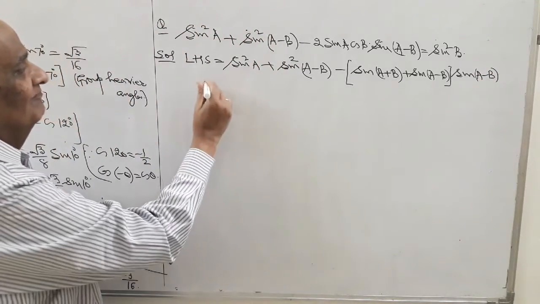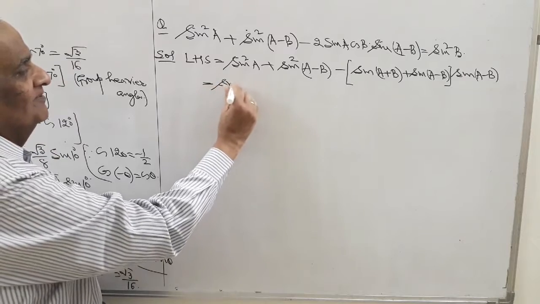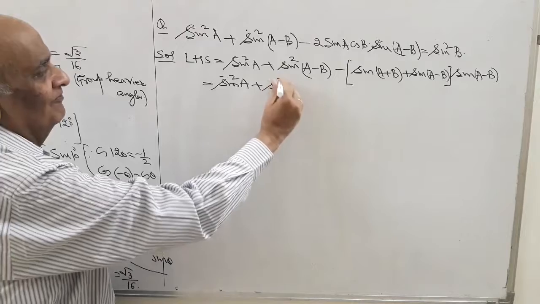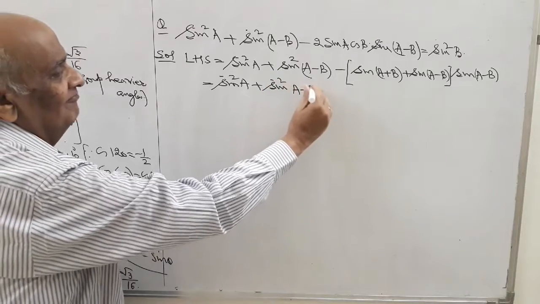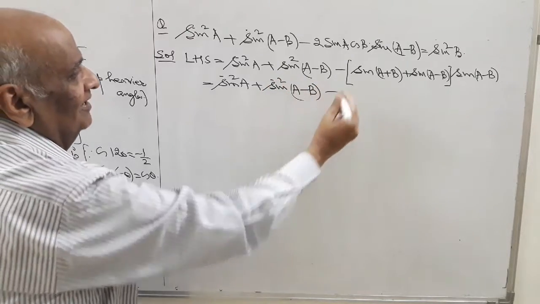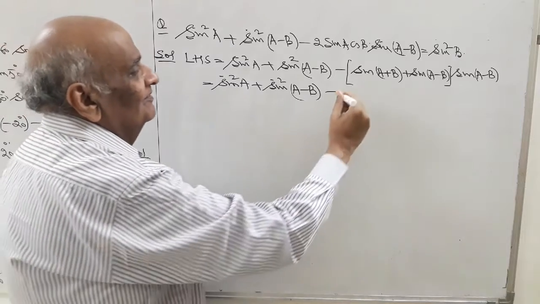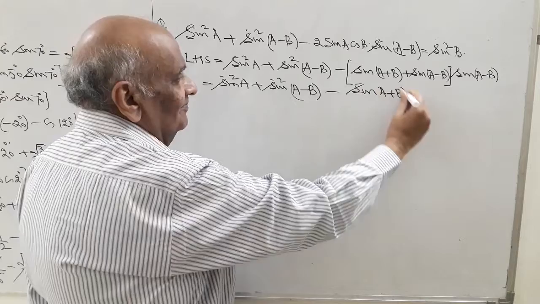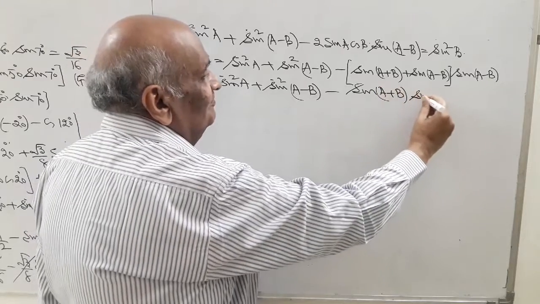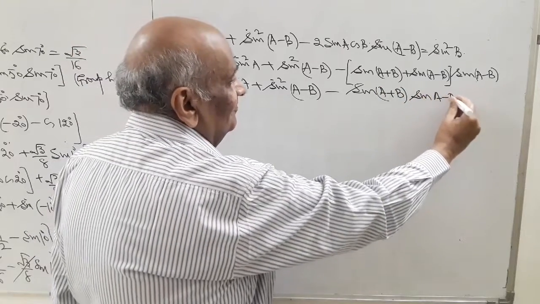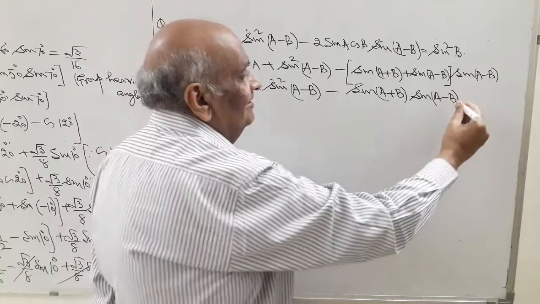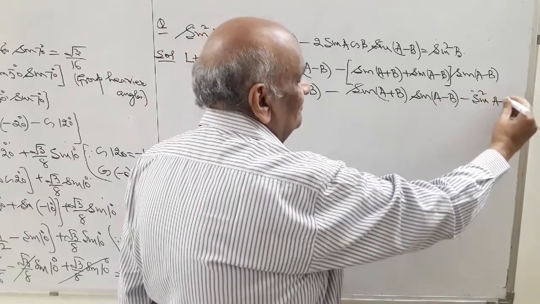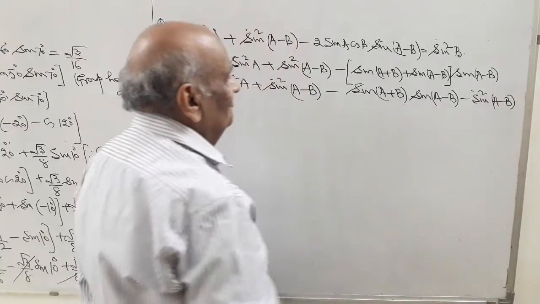This is sine square A plus sine square of A minus B minus sine A plus B, sine A minus B, minus sine square of A minus B. Verify this.